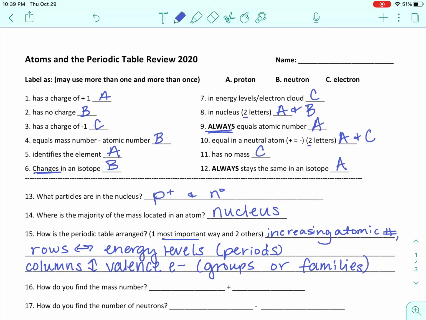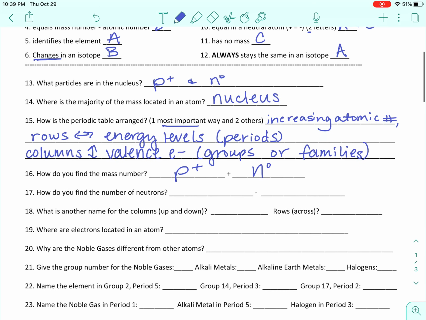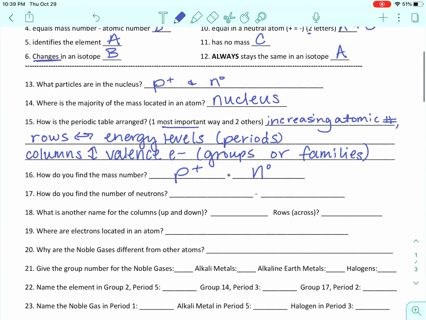How do you find mass number? That's going to be protons plus neutrons. You could also say atomic number plus neutrons, but it's actually the most correct to say protons plus neutrons. How do you find the number of neutrons? Well, we need to start with the mass number and subtract the protons. And again, you could say atomic number, but it would be most correct to say protons.